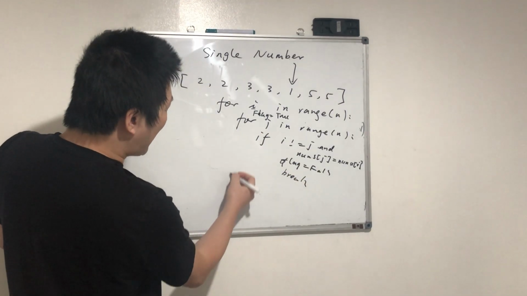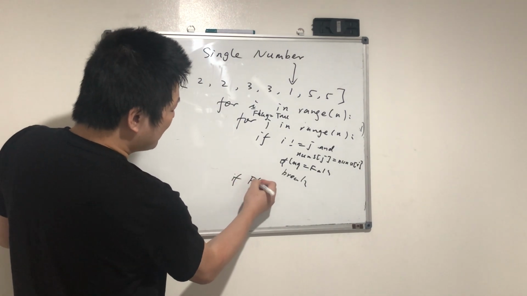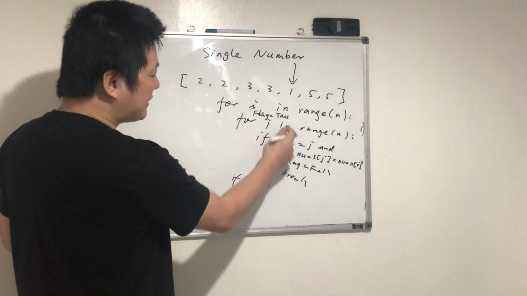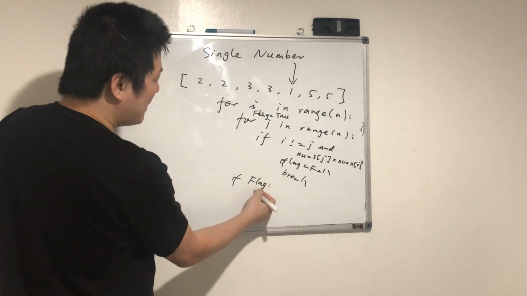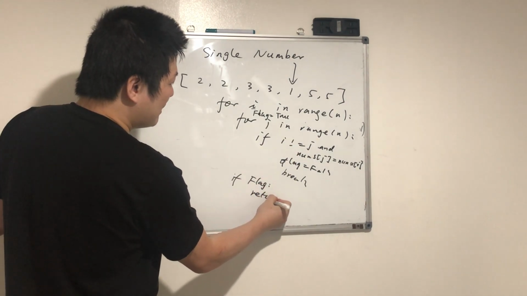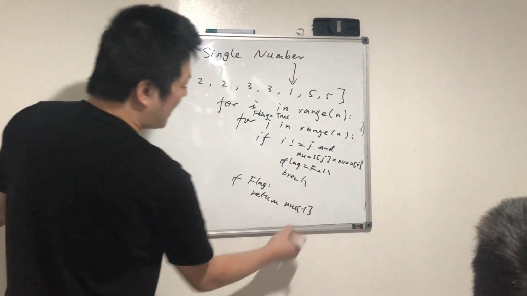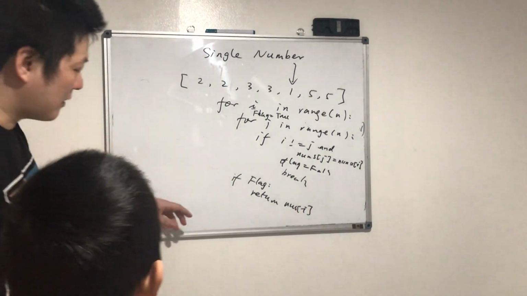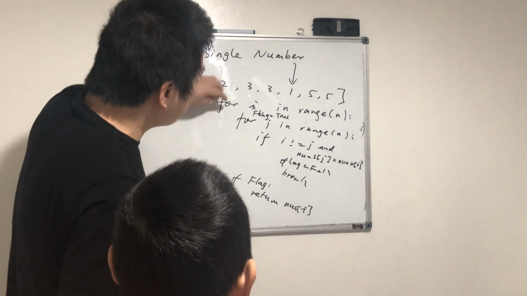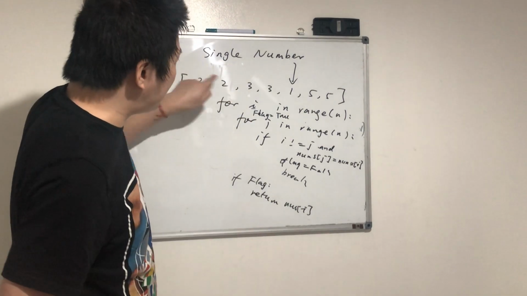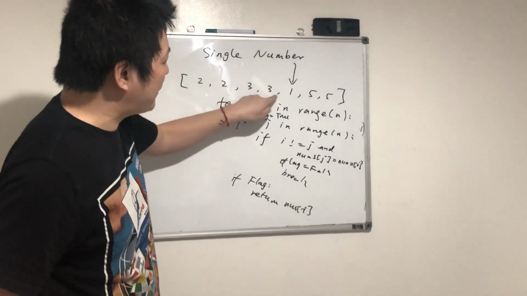And then here outside, if flag, it means that it's the single number, then return nums i, okay? Do you see it? So basically, look, i is the index, from 0, 1, 2, 3, 4, 5.